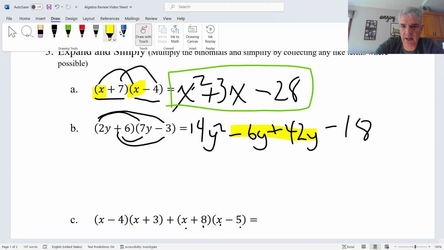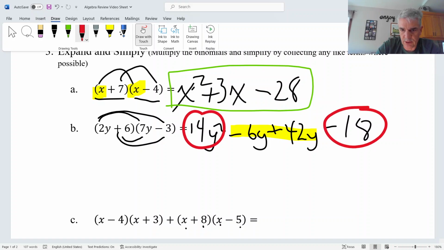These two terms have no like terms. The 14y squared and the minus 18 don't have any like terms to combine, but the two middle ones can. So what we do now is combine those two. We write the 14y squared here, and I can even write my minus 18 on the end.